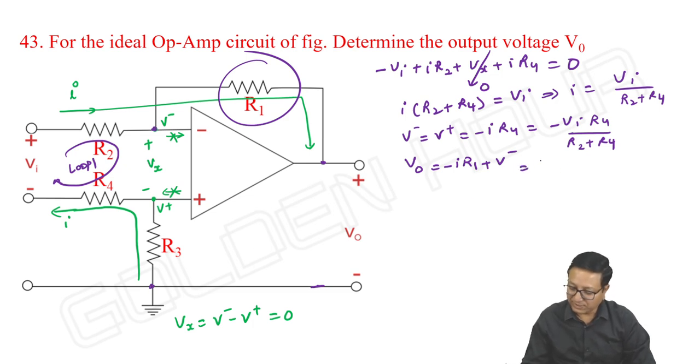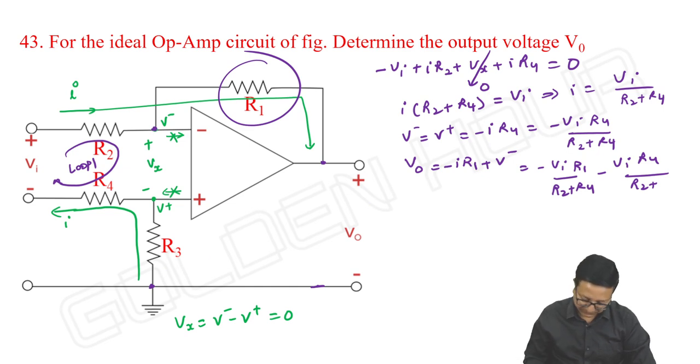So it is further written like I is equal to Vi by R2 plus R4, multiplied with R1, plus V minus, which means minus Vi into R4 by R2 plus R3.